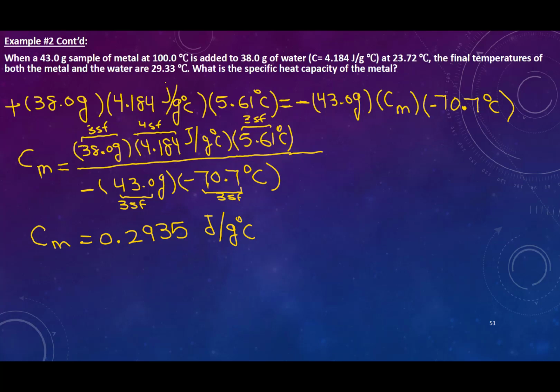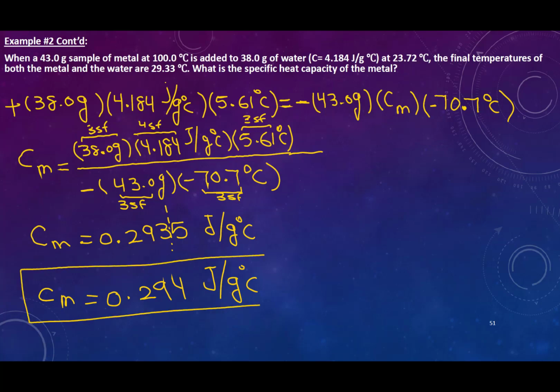Between 3 and 4, we go by 3. Remember, the 0 at the beginning of a number is not significant, so it's not counted. Then it's 1, 2, 3, and that's where you put your dotted line. Since after the dotted line we have a 5, the 3 will be rounded up by 1. So the specific heat capacity of the metal is 0.294 joules per gram degree Celsius. This is the answer for this problem.